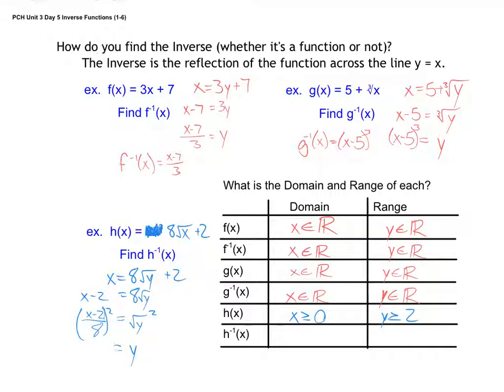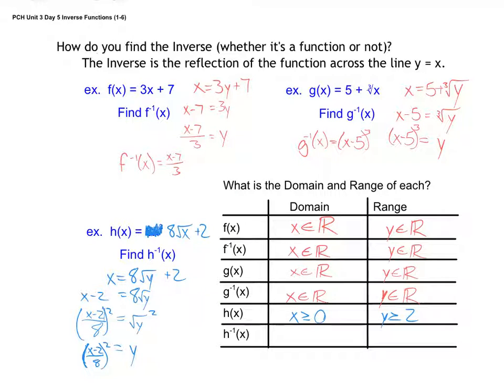So y is, we could just leave it as x minus 2 over 8 squared. But what kind of function is that going to be? It's a quadratic. Now what's the domain of a quadratic? All real numbers. However, if we're doing this as an inverse, the domain of this has to be the same as the range of the original function.